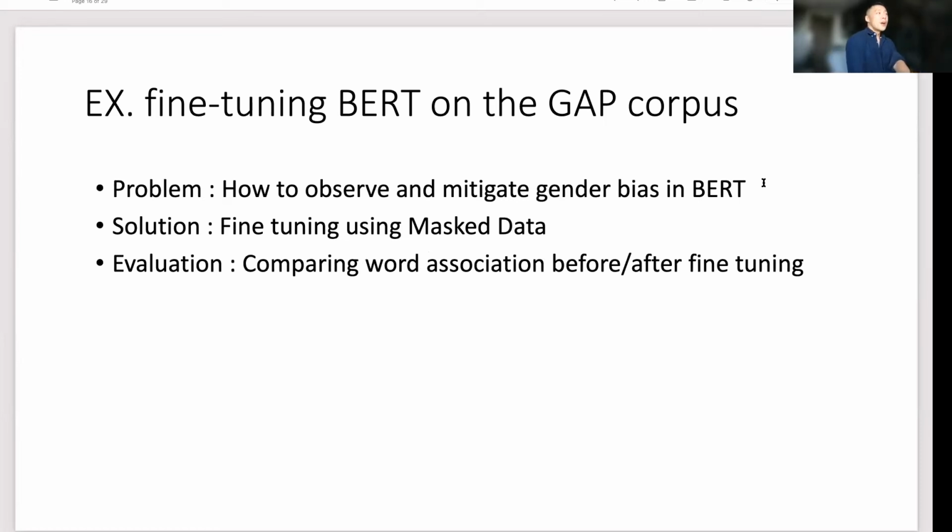So another example for de-biasing is to change something in the model. The problem is that we want to observe and measure the bias and also try to mitigate this problem in BERT. What is BERT? Usually, BERT I would talk about for like 3 hours.